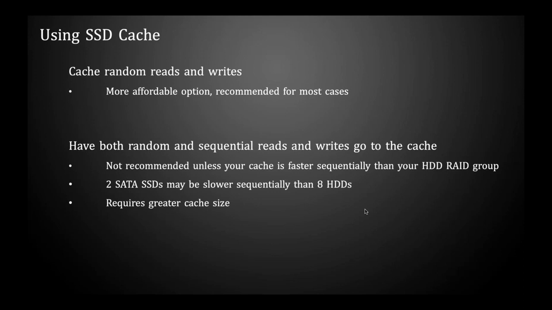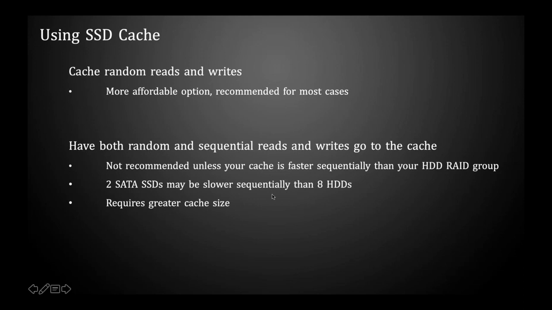Your other option is you can have your cache handle both random and sequential. But I have some cautions before you choose to do that. We would not recommend that second option unless the sequential performance of your cache is faster than the sequential performance of your HDD RAID group. And remember I said that with more drives, you get more sequential performance.